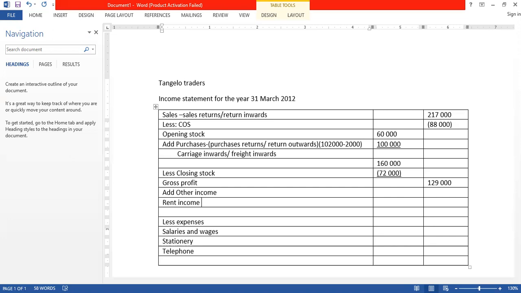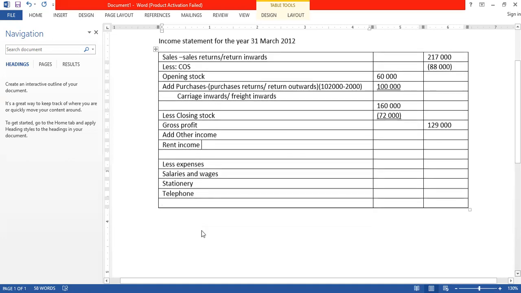Yes, 11 months. Now you have to find out how much they pay per month. 4,400 divided by 11 months. It's how much? 400. Okay.